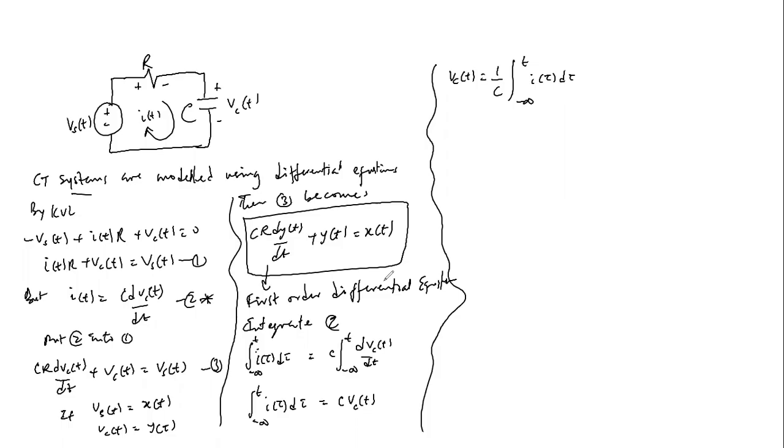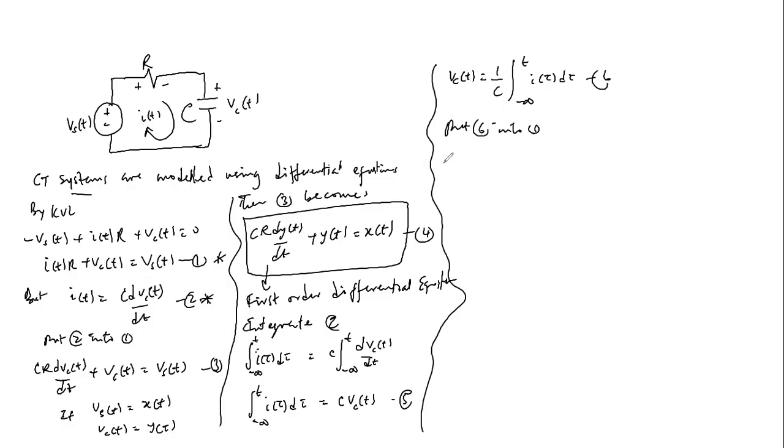If we have this as our fifth equation, then this is our sixth equation. If we plug in this sixth equation, let's say we put 6 into 1, what do we get?